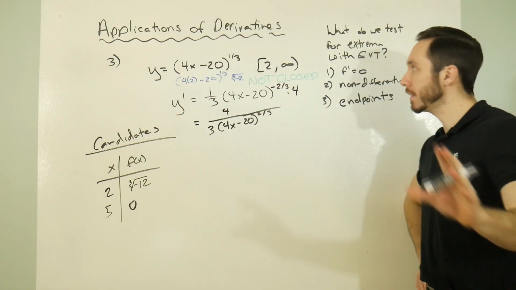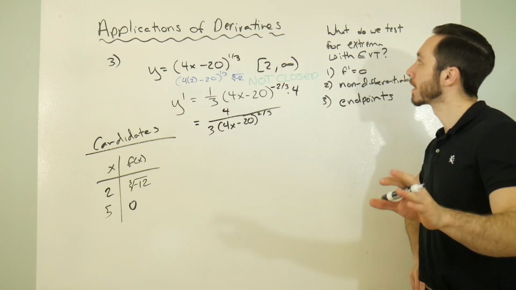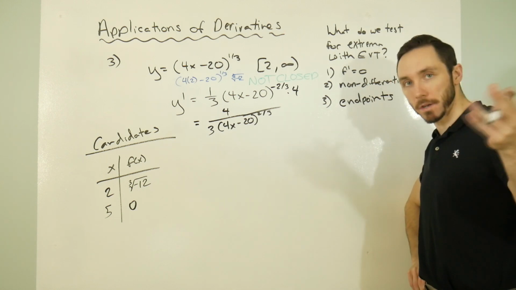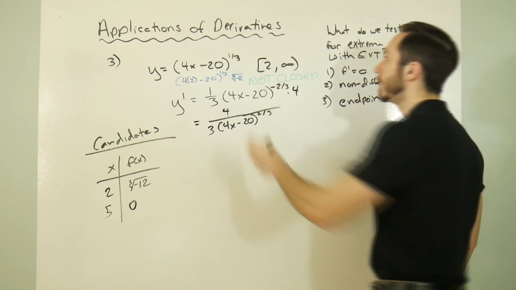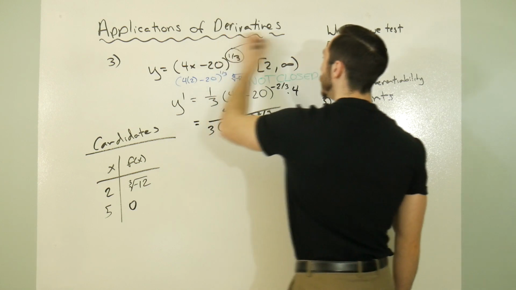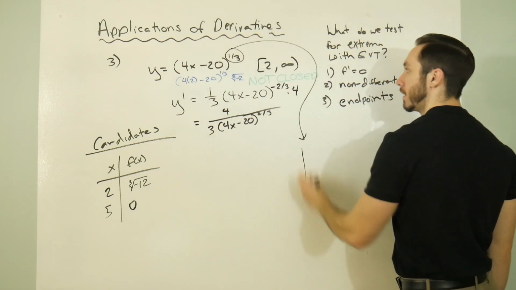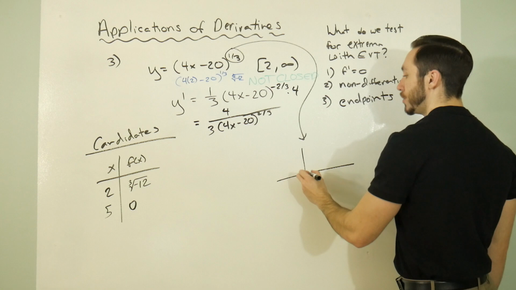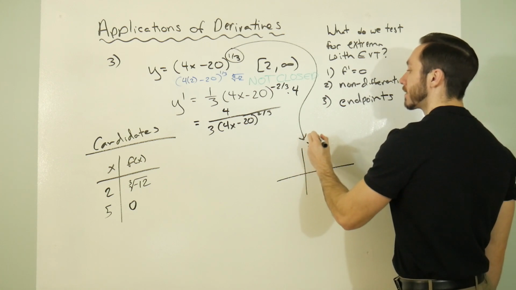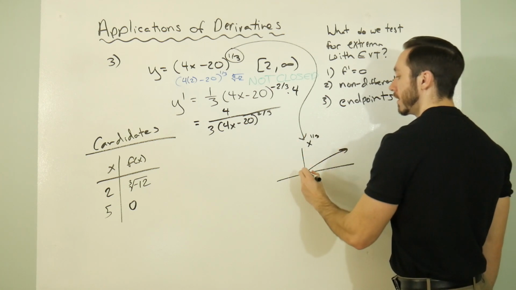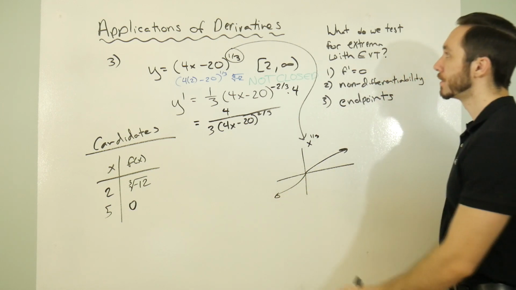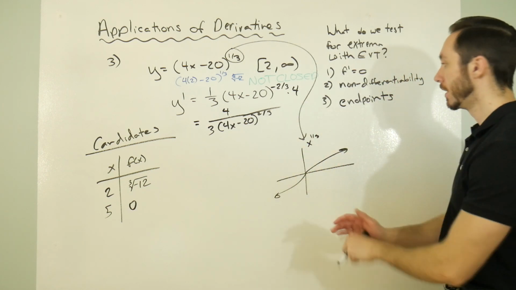Alright, now remember these are candidates. Just like in the other problem, we considered the general shape of it. I know the way that cube root functions look. They look generally like this, and there are some shifts applied to it.